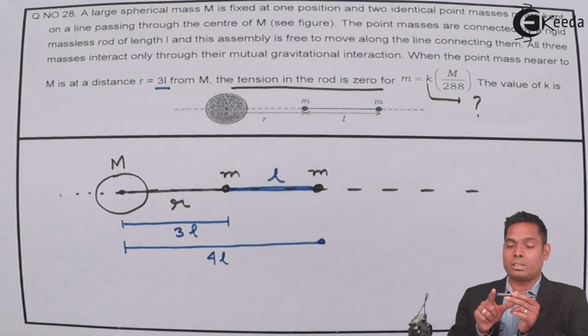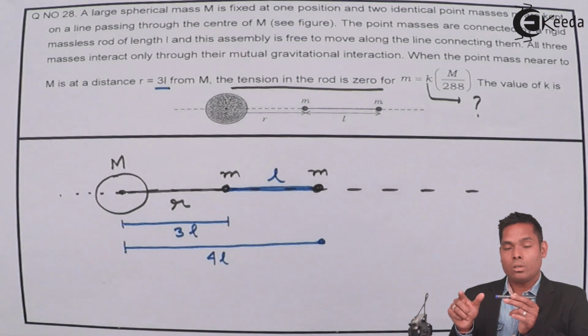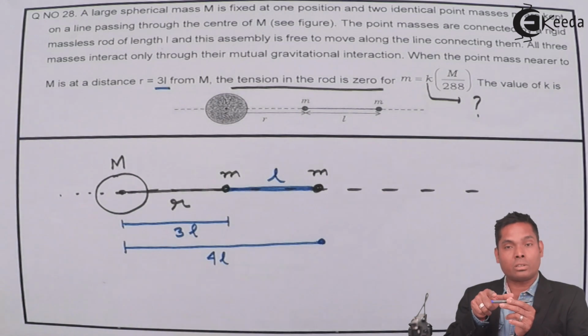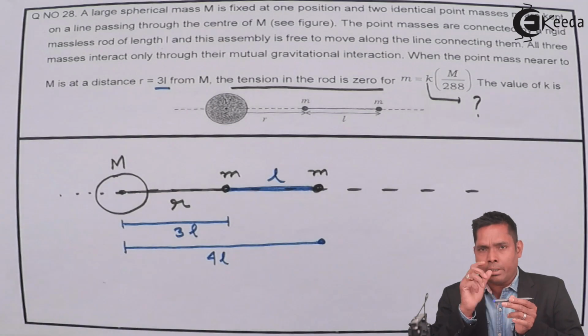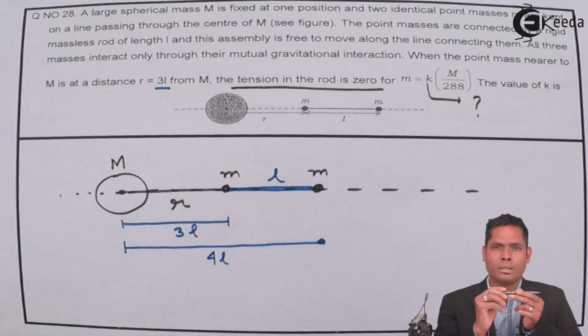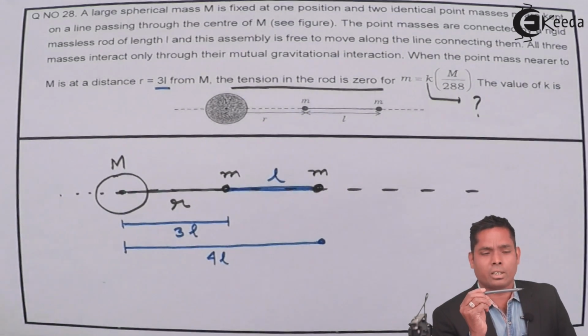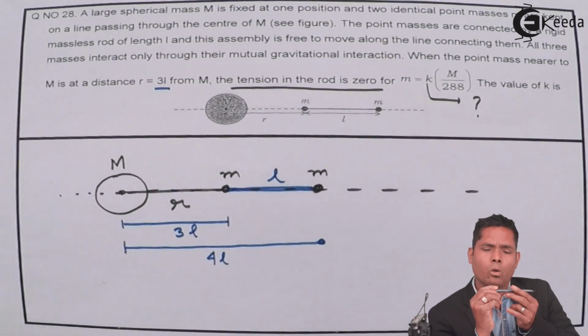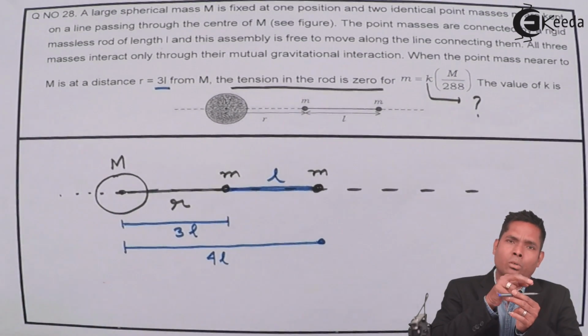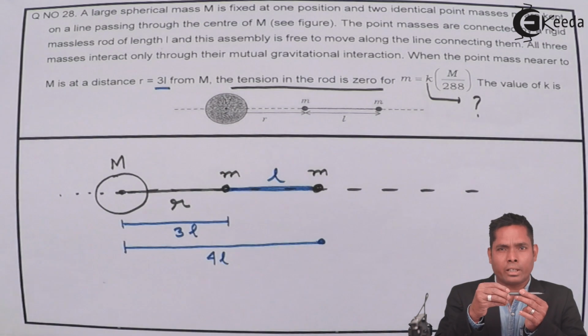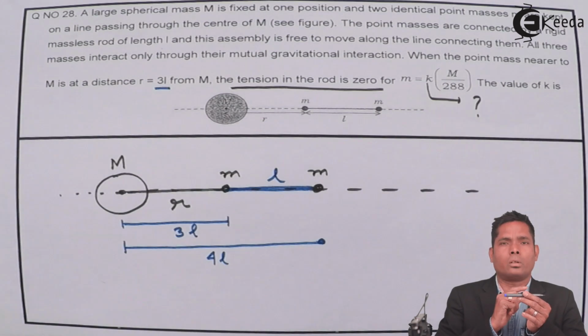Suppose this mass is moving in this direction and this mass is moving in that direction, and if one has higher acceleration than the other, then one wants to move faster relative to the other, so there will be a tension in the rod.